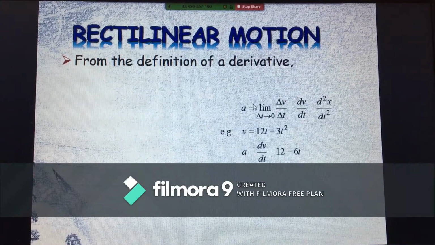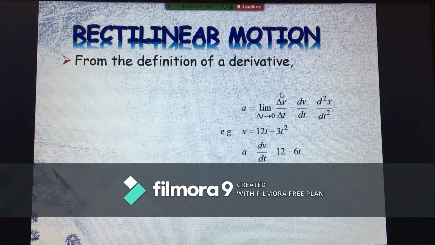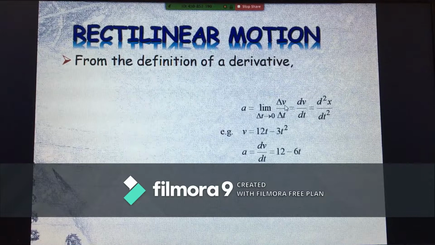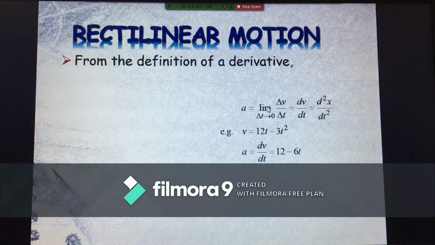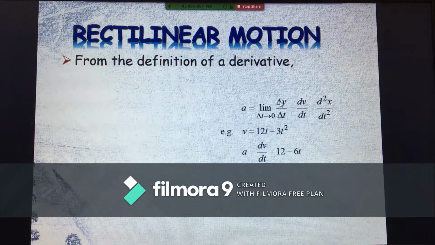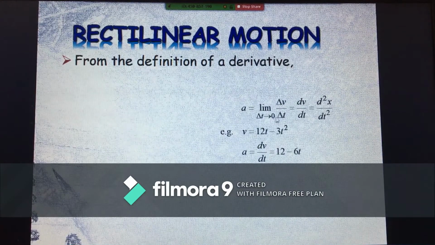Alright. So from the definition, from our calculus, and we have reviewed a while ago, the acceleration is the limit of the change of the velocity with respect to time. So alam natin na yung acceleration is the derivative of the velocity, right? Kasi ibig sabihin nito derivative of velocity with respect to time. Alright? And alam din natin yung velocity is the derivative of the position or the distance traveled by the particle with respect to time.